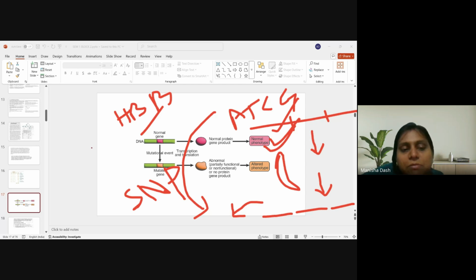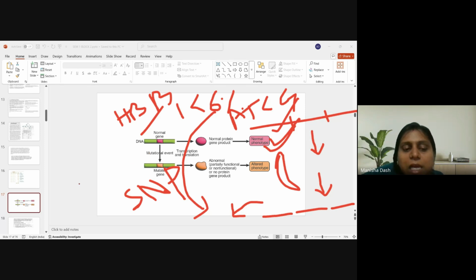The frequency of a mutant gene will always be less than 1% within a population. Sorry, not 1%, it is now regarded as 6%, I guess. So it will be less than 6%. And also, the mutation is always associated with an abnormal phenotype.